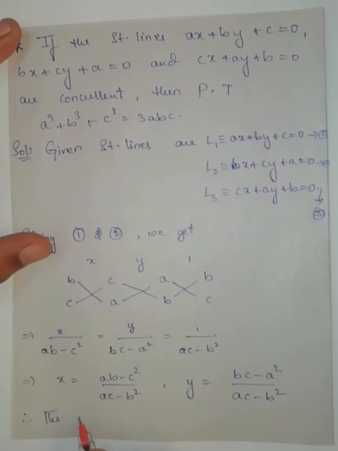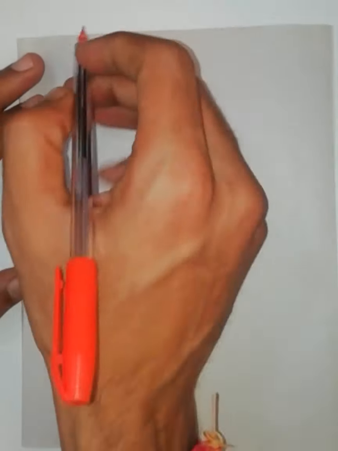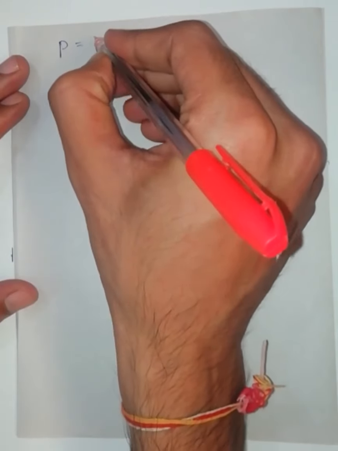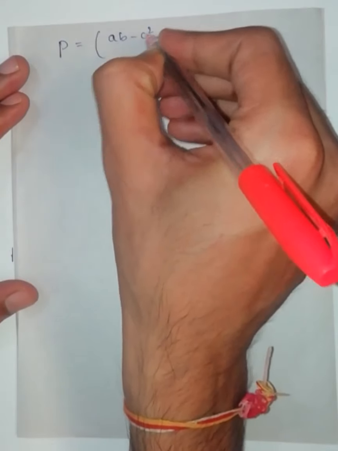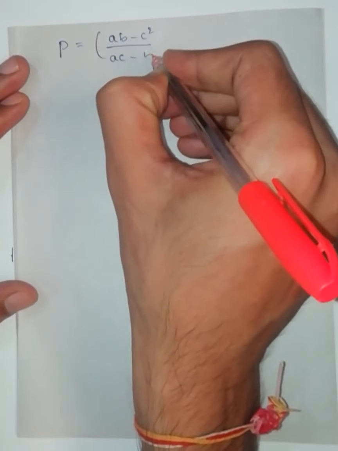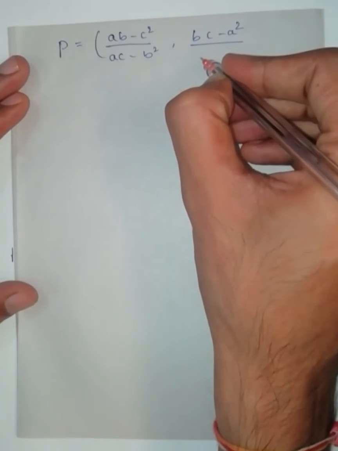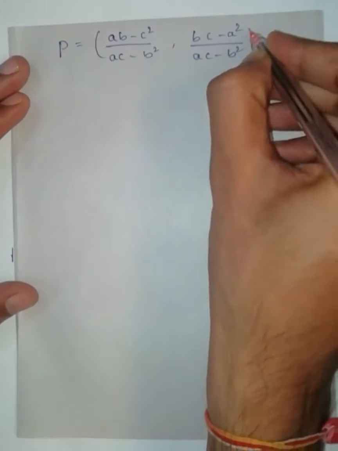Therefore, the point of intersection of 1 and 2 is P is equal to (AB minus C square by AC minus B square, BC minus A square by AC minus B square). This one only we got here.